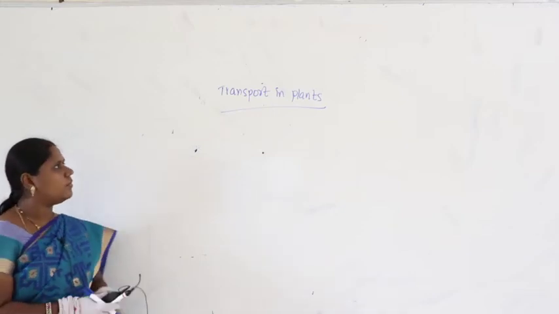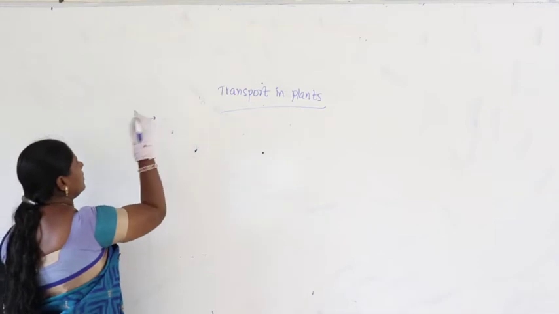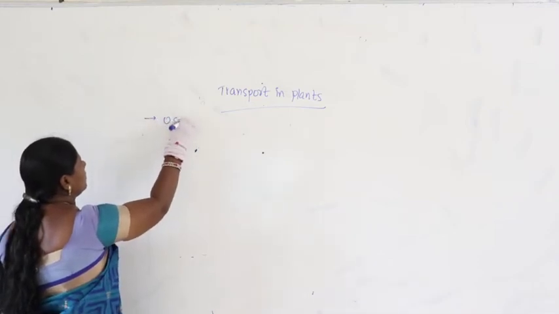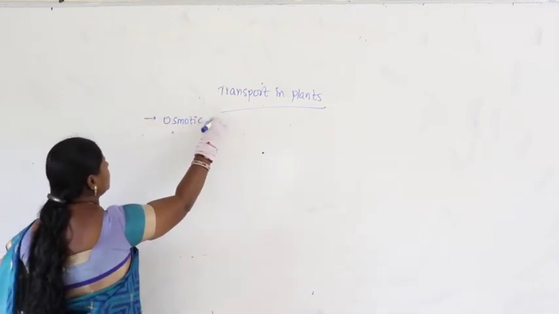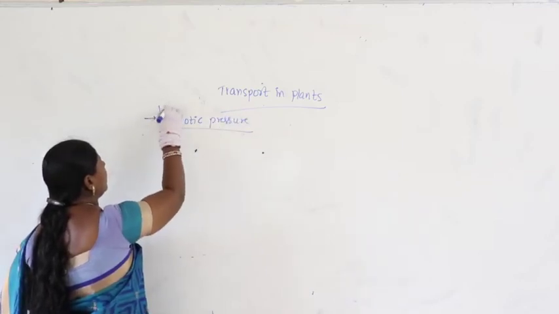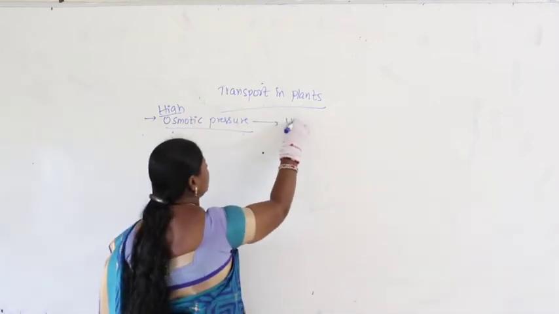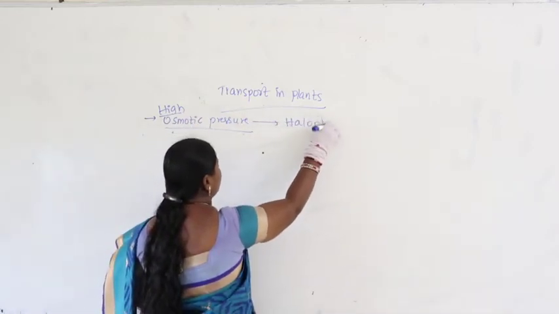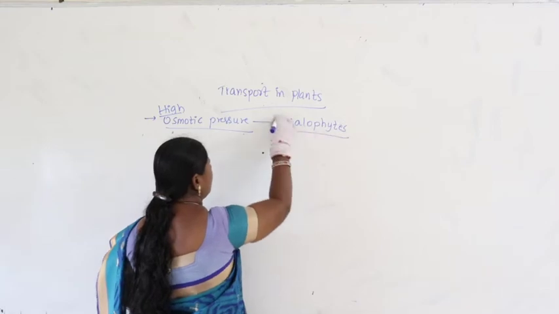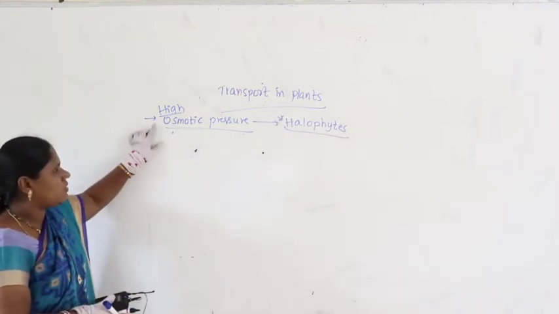Starting from guttation, or if you take osmotic pressure: where do we find high osmotic pressure?